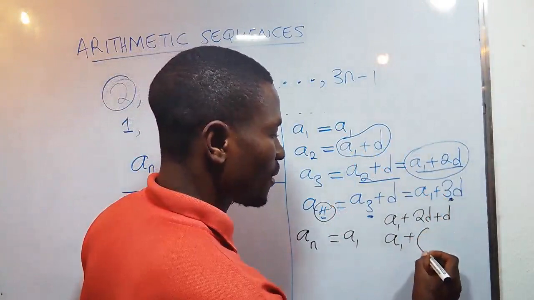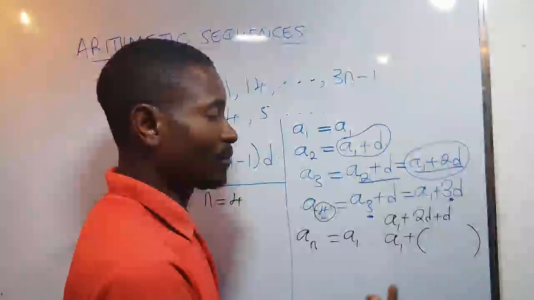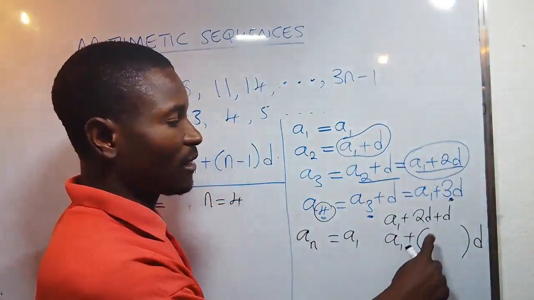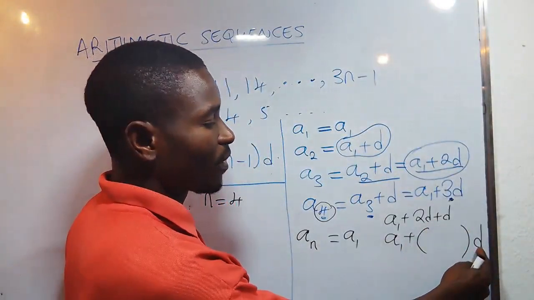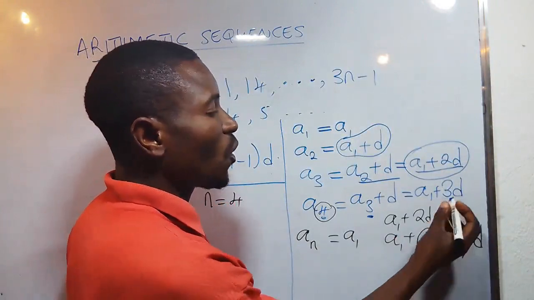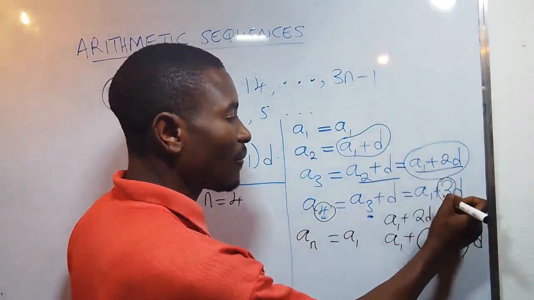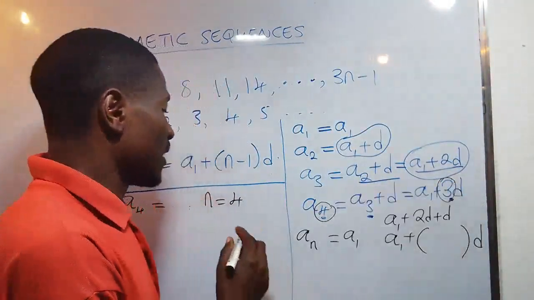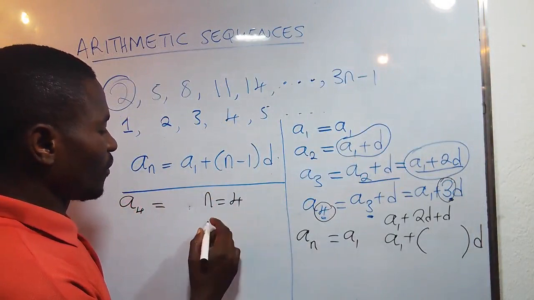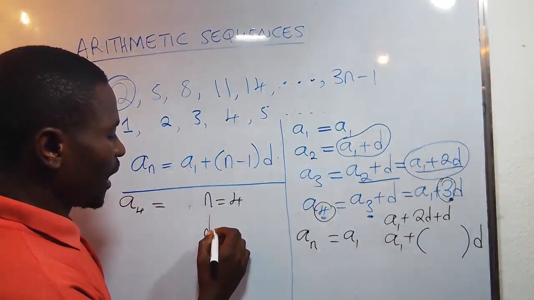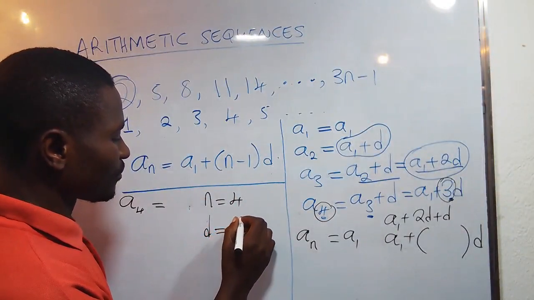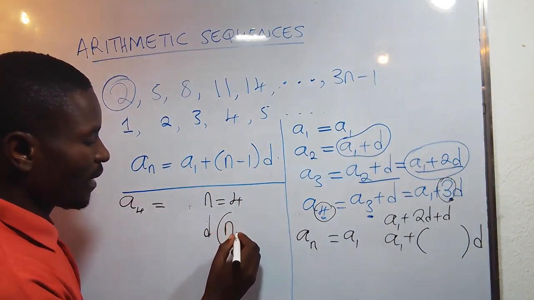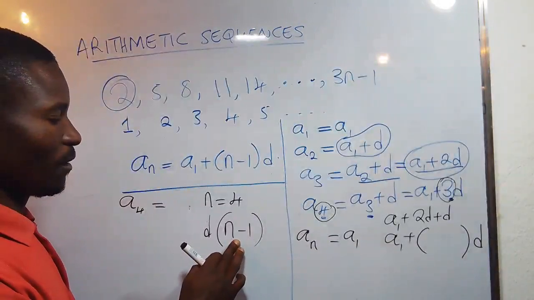So I can simply say, you open the bracket, okay? You open the bracket, the D is common, and then if I'm going to factor, so where the 3 is coming from, or at least the coefficient of D, is the idea that for me to find the D, I'm actually saying D, it is n minus 1, okay?